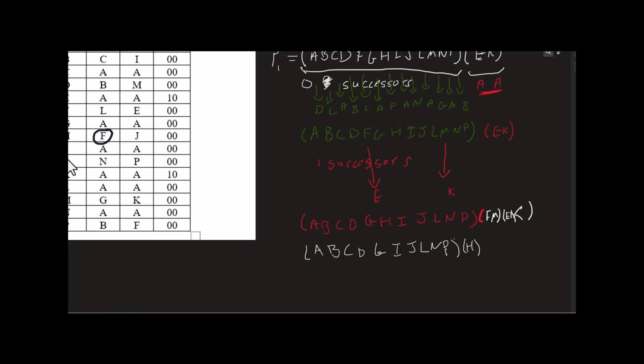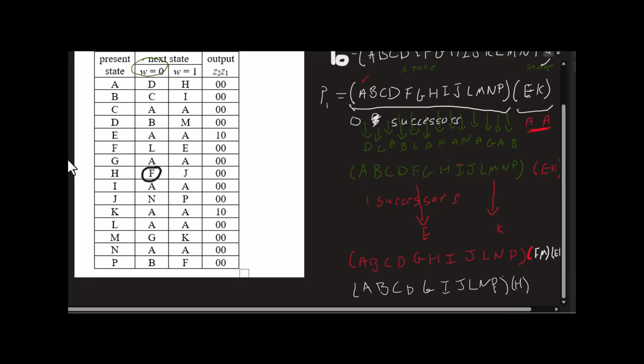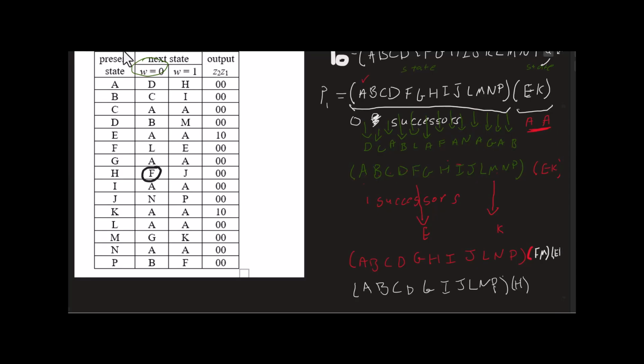Now I need to look at F and M and see where they go when W is 0. So F goes to L and M goes to G. Are L and G in the same set? Yes. And you can ask yourself, do I check this set or do I check this set?